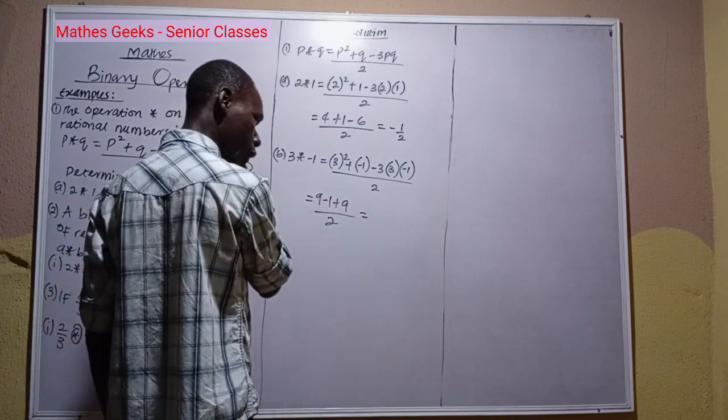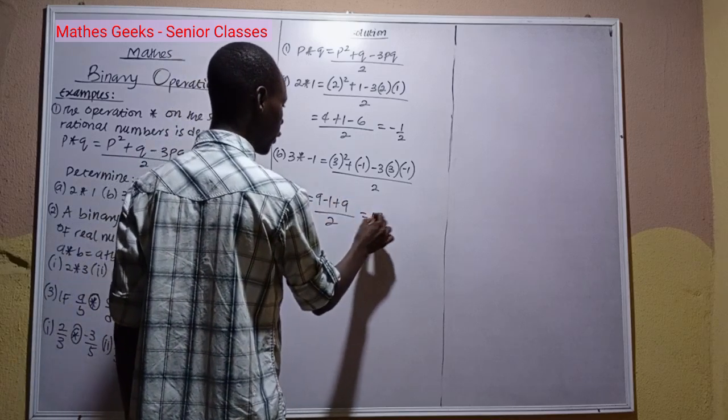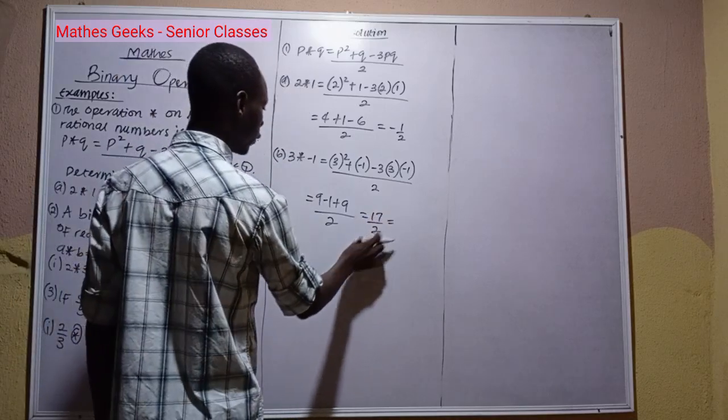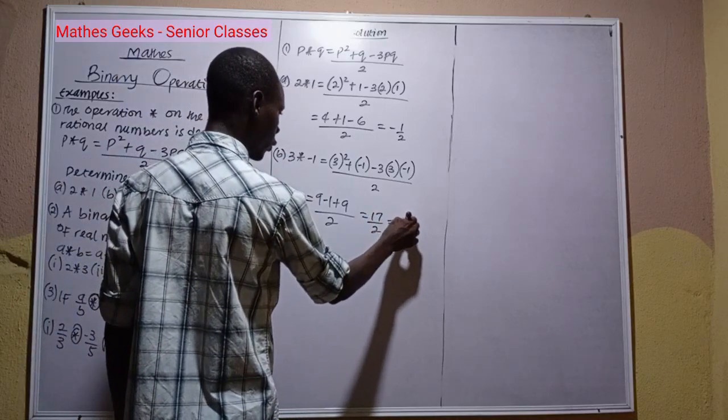So 9 minus 1 is 8, 8 plus 9 is 17 over 2. We can reduce this to 8 and 1 over 2.